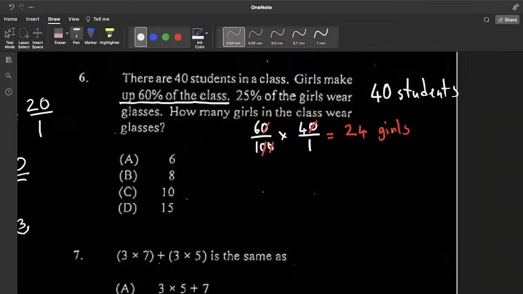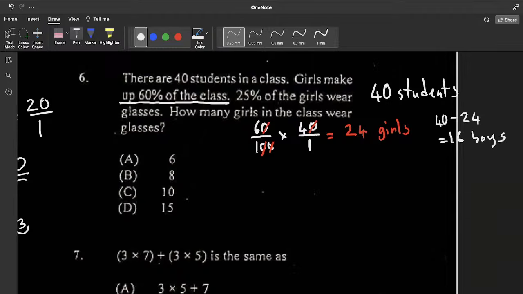All right, so now I can continue going about my day. I know if 24 are girls, then I could figure out how many are boys. So if I needed to figure out how many are boys, I could just say 40 take away 24, which gives us 16 boys. Now, I continue with reading the question. It says now that 25% of the girls wear glasses.